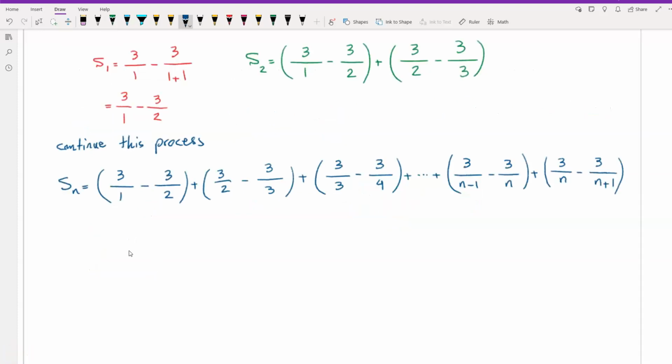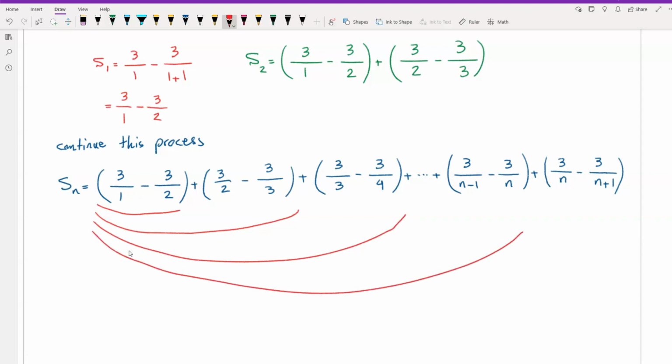So continue this process, and what we have here for s of n is equal to what we have for s of 1, then what we have for s of 2 with the first two parts. This part is for s of 3, and then this part is for s of n minus 1, and here we have what we have for s of n.